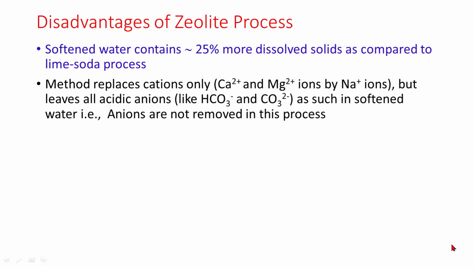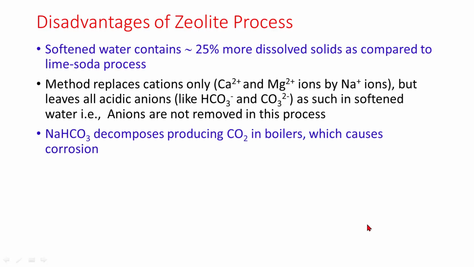Method replaces cations only, that is calcium and magnesium ions are replaced by sodium ions, but all anions like bicarbonate and carbonate remain inside the softened water. Sodium bicarbonate decomposes producing carbon dioxide in boilers, which causes corrosion.